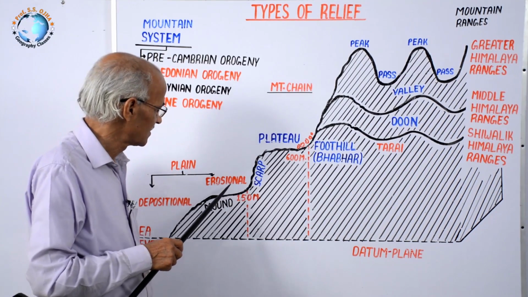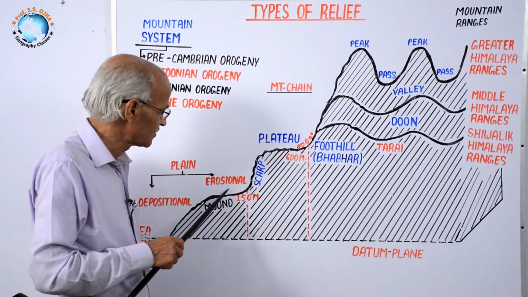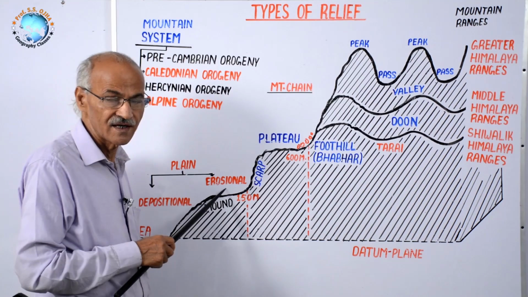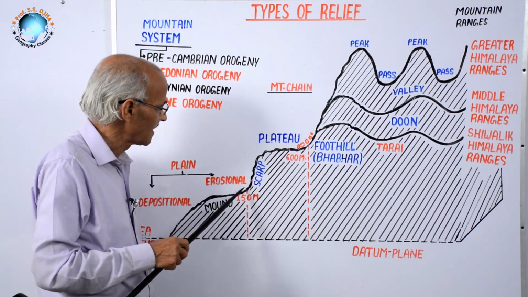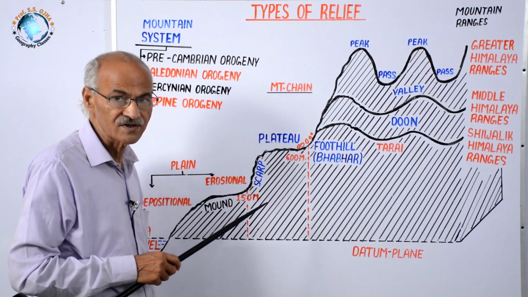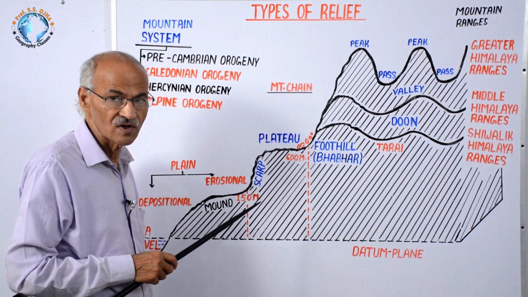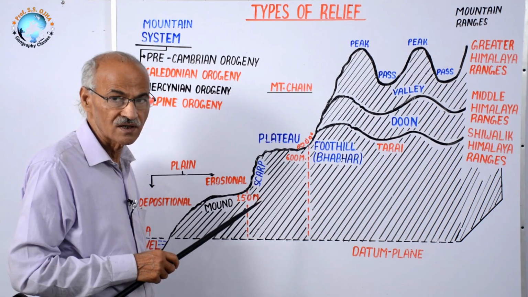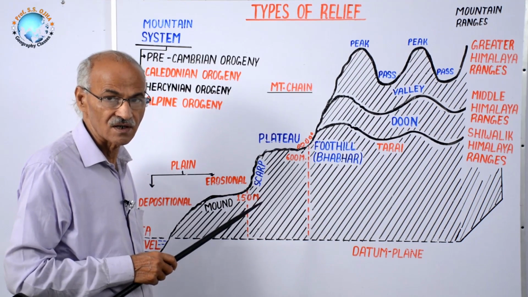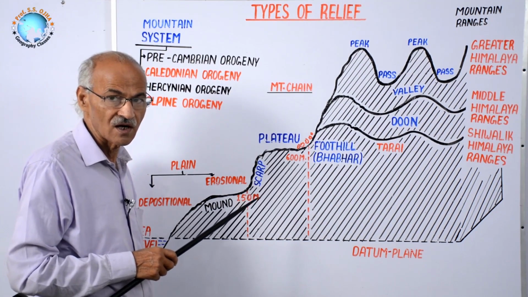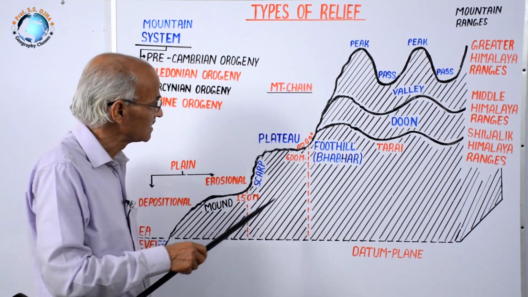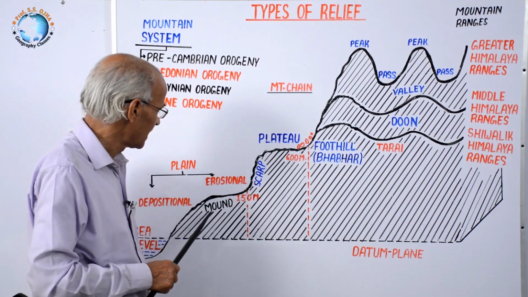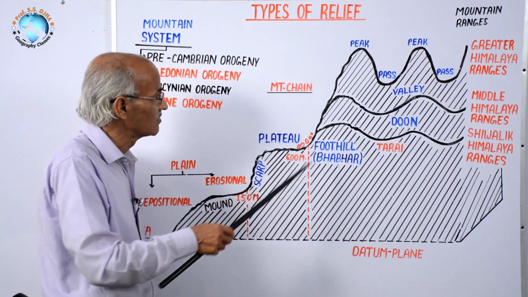Sometimes the people living on the west coast plain of India call this scarp a mountain, the West Ghat mountain. Virtually, the West Ghat is not a mountain, rather a steep scarp of the peninsular plateau land. So these are the plain, plateau and mountains.